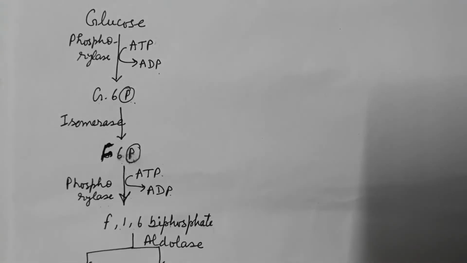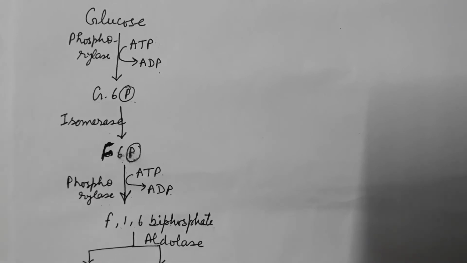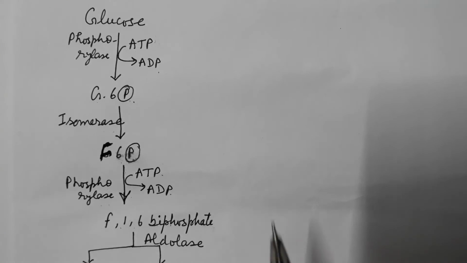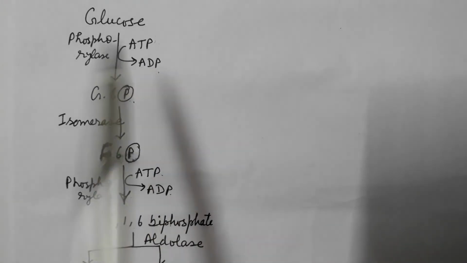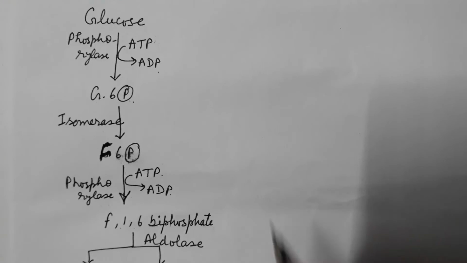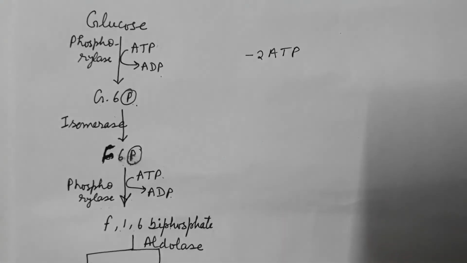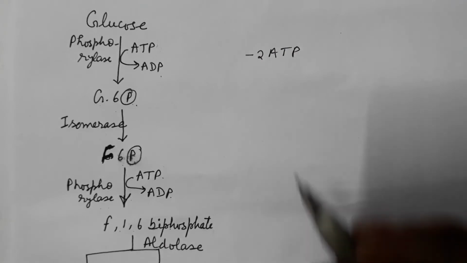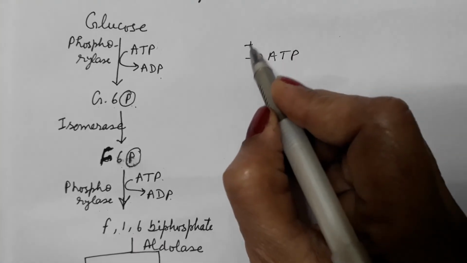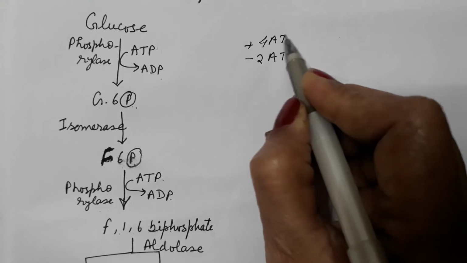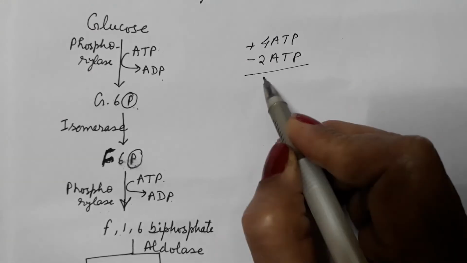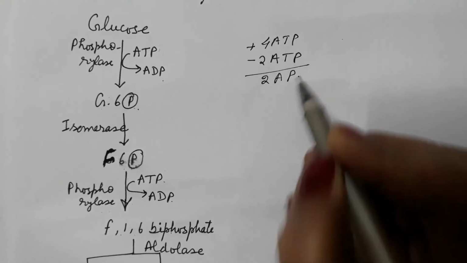And previously, if we saw the total gain of ATP molecules in the previous step, 2 ATP are utilized, and in the last step we saw 4 ATP are produced. So here a net gain of 2 ATP molecules takes place.